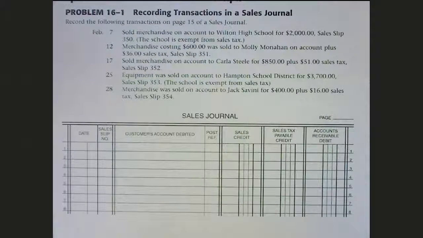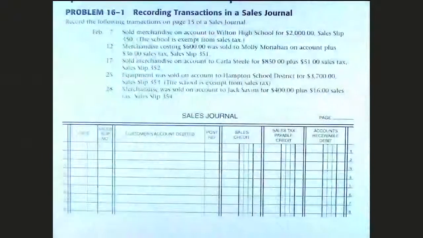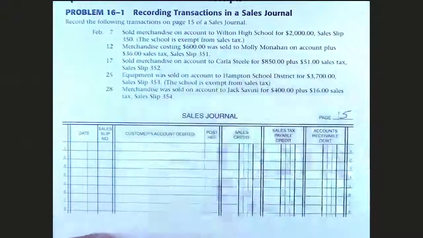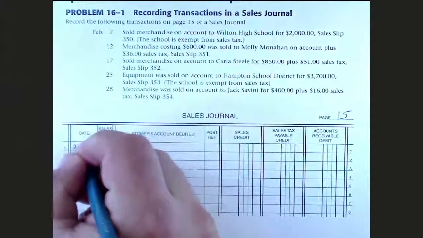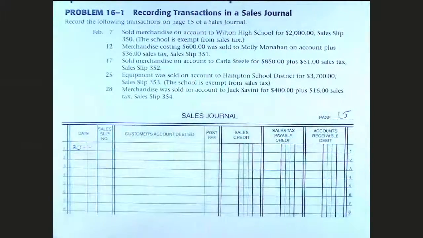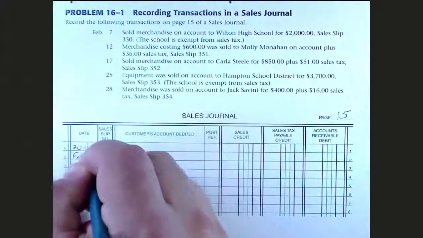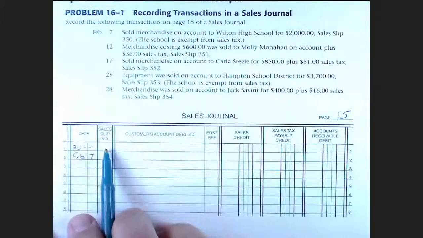Again, starting with the page number, starting at page 15. The date, we can do our year just to make it formal here. February 7th. The first column asks for the sales slip number.